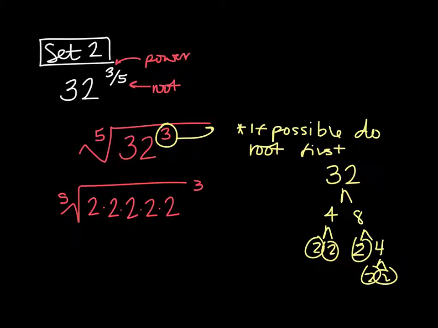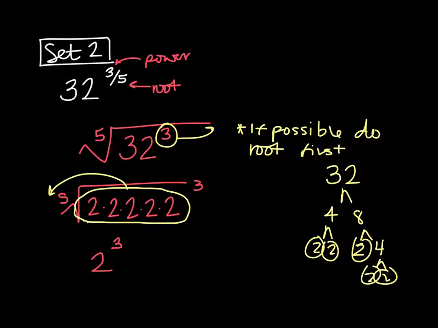Now the 5, remember from this past week, the 5 means I need to have a group of 5 to pull out a single whole number. Well, that's what I have right here. I have a whole group of 5, which means this can come out to make a whole number 2. So now my problem reads 2 to the third power.